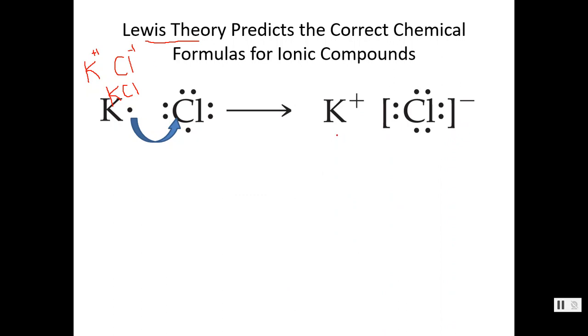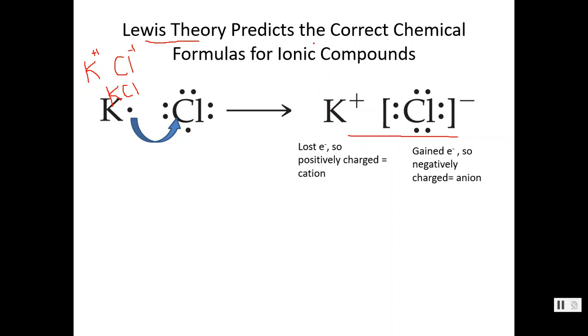So we can write, in Lewis dot structure notation, the Lewis dot structure for this ionic molecule of KCl in this way, where we have the potassium as a positively charged species because it lost that electron, so it's a cation, and chlorine, since it has gained that electron from potassium, is now negatively charged, so it's written as an anion.